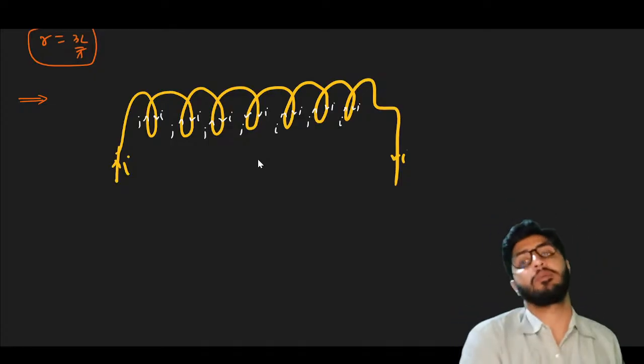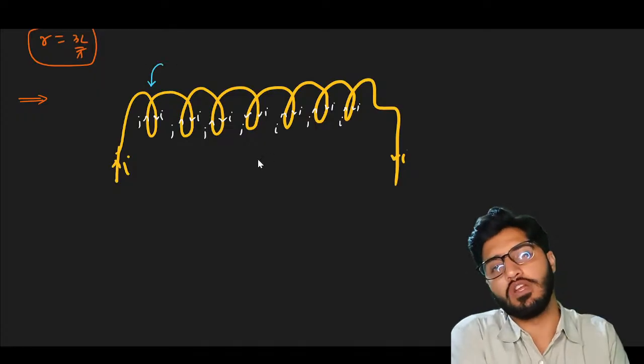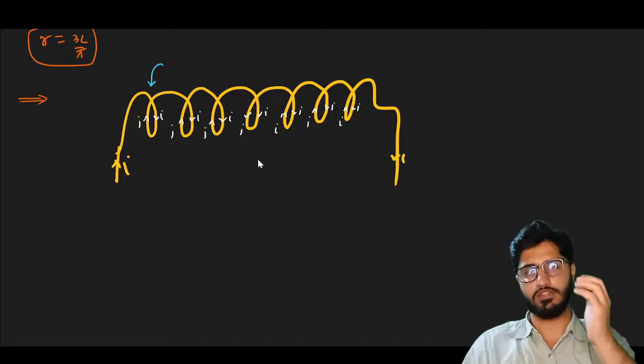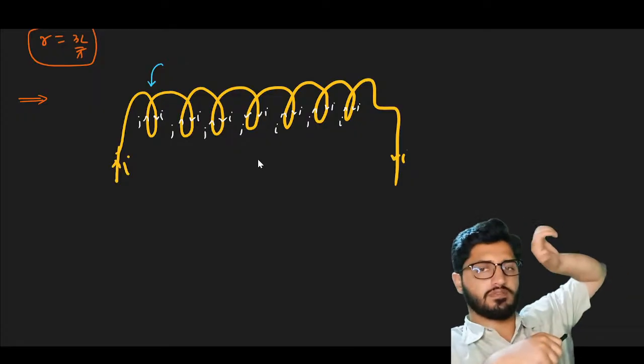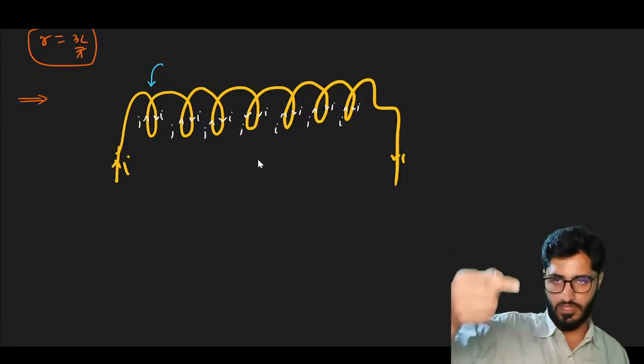So how to find the magnetic moment? Take your right hand for this loop only. Current is going, okay, in this way, no? Now the loop is in this way, so it will be in this way. The loop is coming in this way.